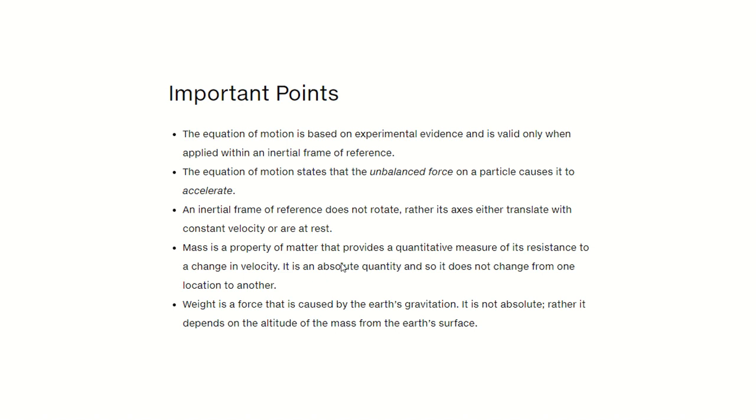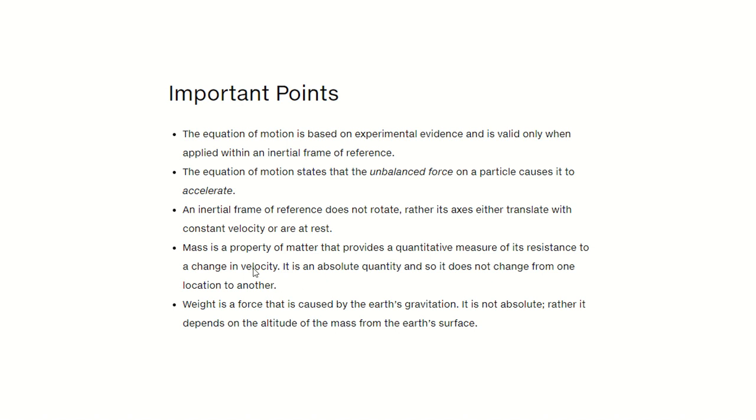Your mass is a property of matter, of course. Everything that we know here in this world is matter. Things that we don't know, we call antimatter. We believe that it does exist, beyond our intelligence at the moment, but we believe that we could get to that point to study. So these are ongoing progressions and studies. Anyway, that provides a quantitative measure of its resistance to a change in velocity.